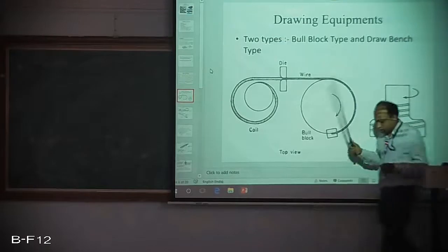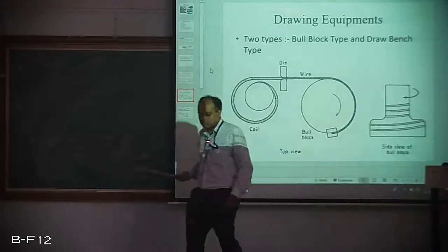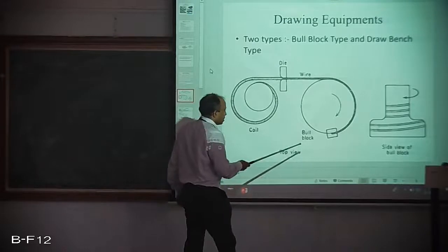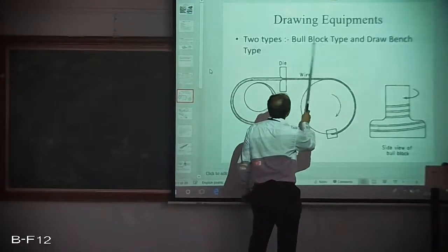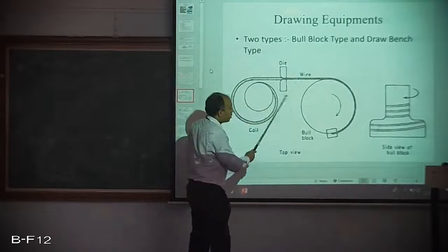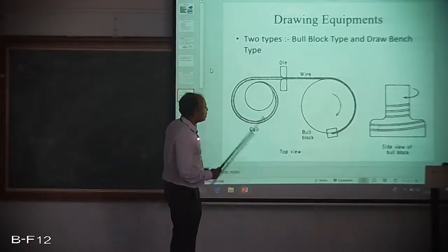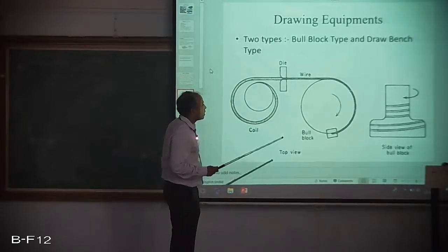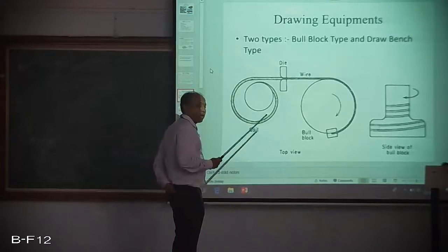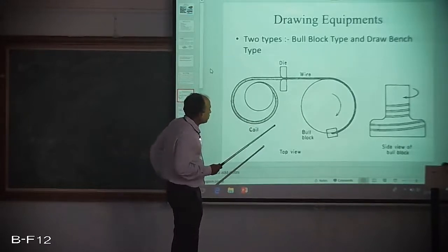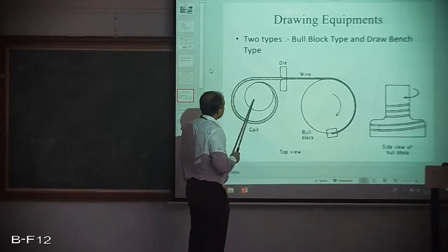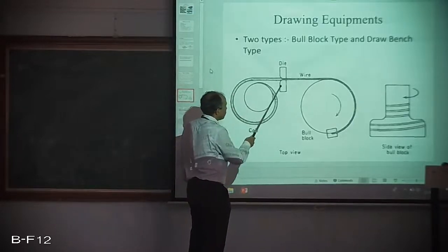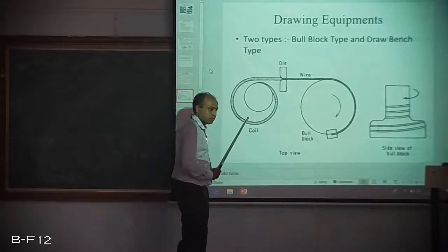Now coming to the drawing equipment. This particular sketch is an example of the bull block type, and this bull block is used particularly for wire drawing. You can see here, this is the die where reduction is taking place.